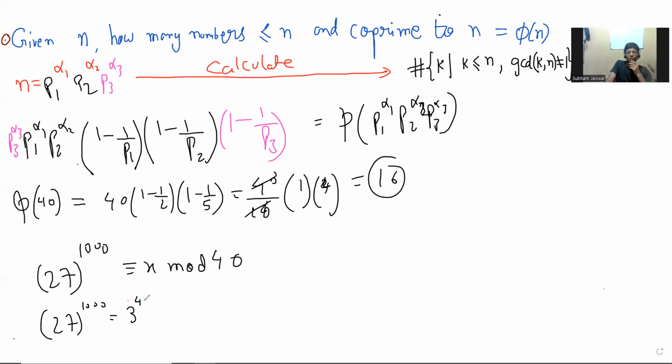Three raised to 4, you want to say 4 times 750? Yes, okay. Oh, 3 raised to 4 has remainder 1.